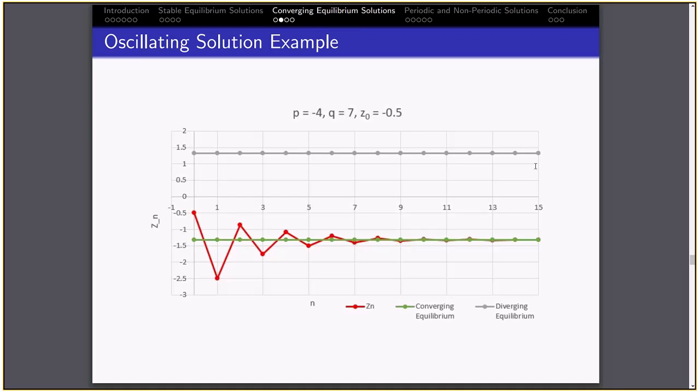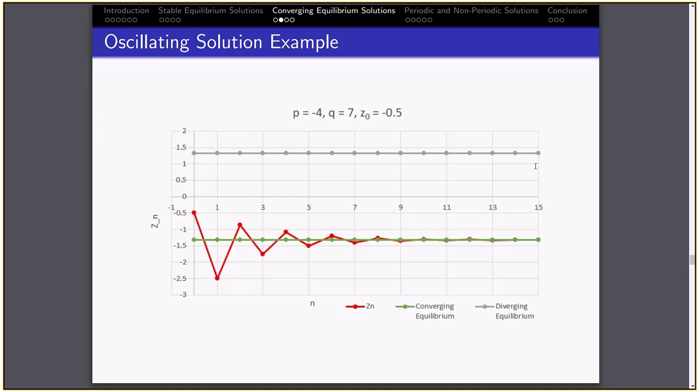So here we have an example of converging to the negative equilibrium. We call it the converging equilibrium, but it's really an asymptotically stable equilibrium, and the diverging equilibrium is what we call an unstable equilibrium.